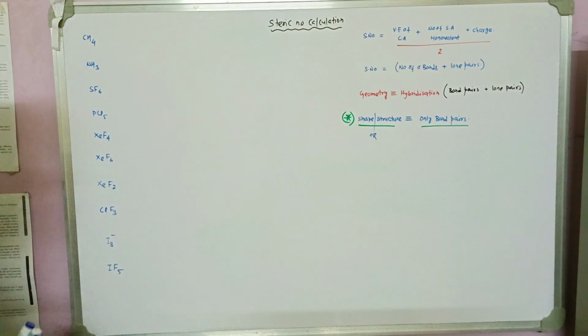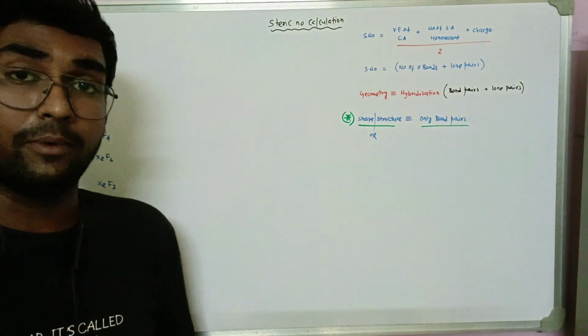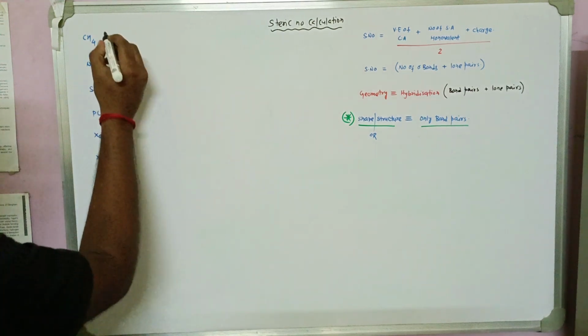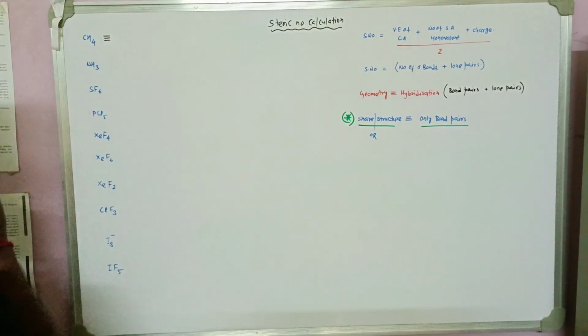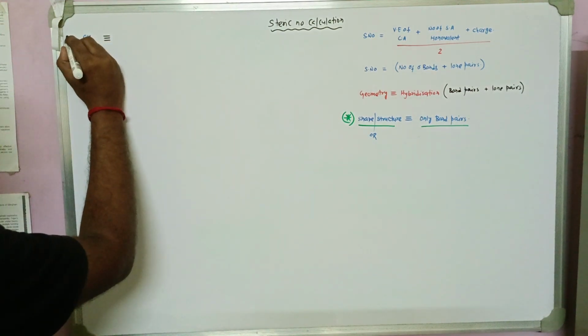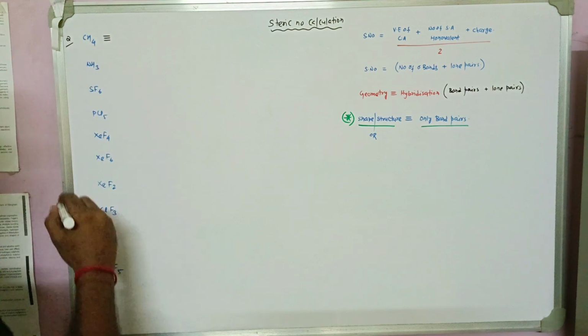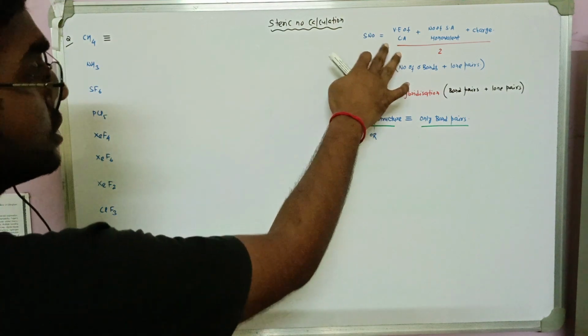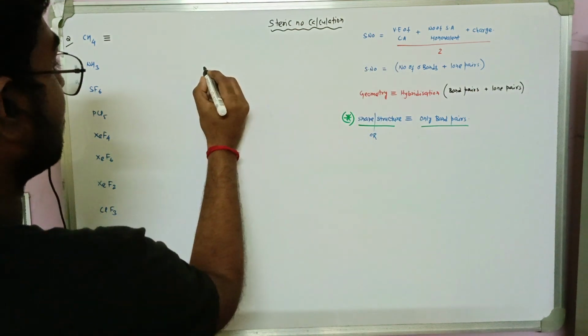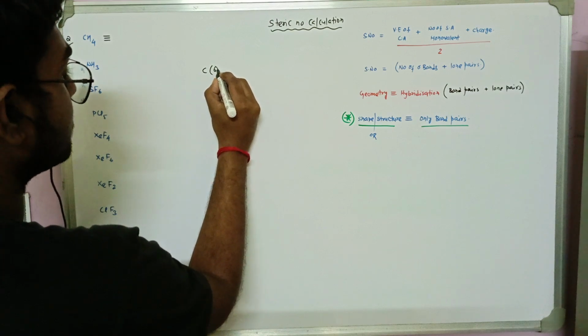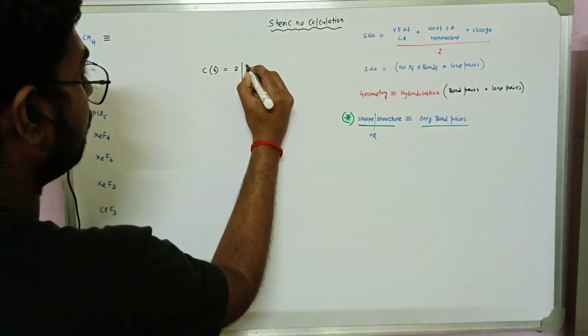I have written over here some examples, and we have to calculate the hybridization. So from the steric number we know. Let's calculate the steric number for the methane molecule. This is question number 1. For the steric number, we have to consider the valence electrons of the central atom. For carbon, we know that the atomic number is 6, so 2, 4.